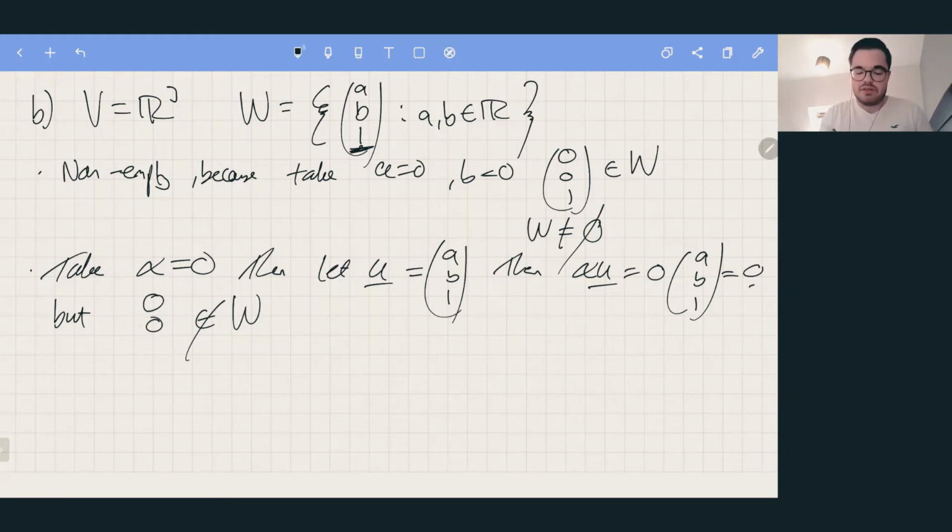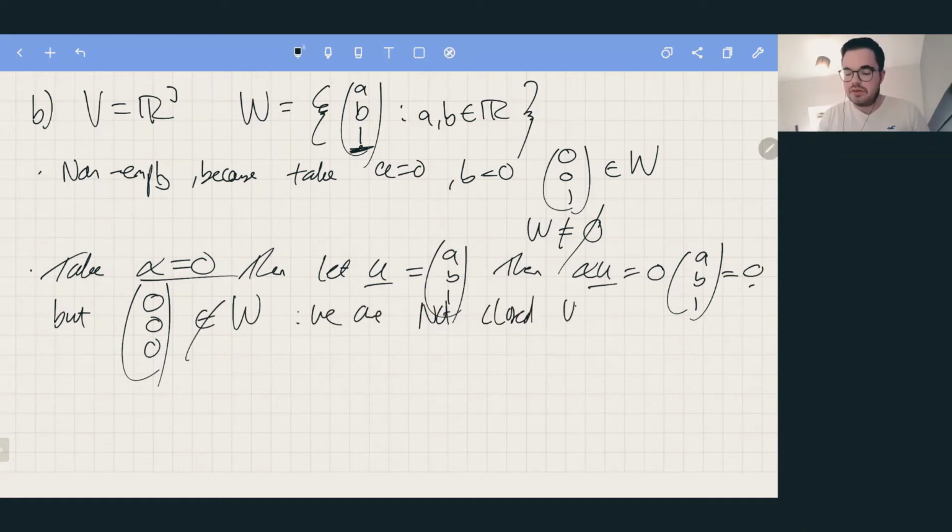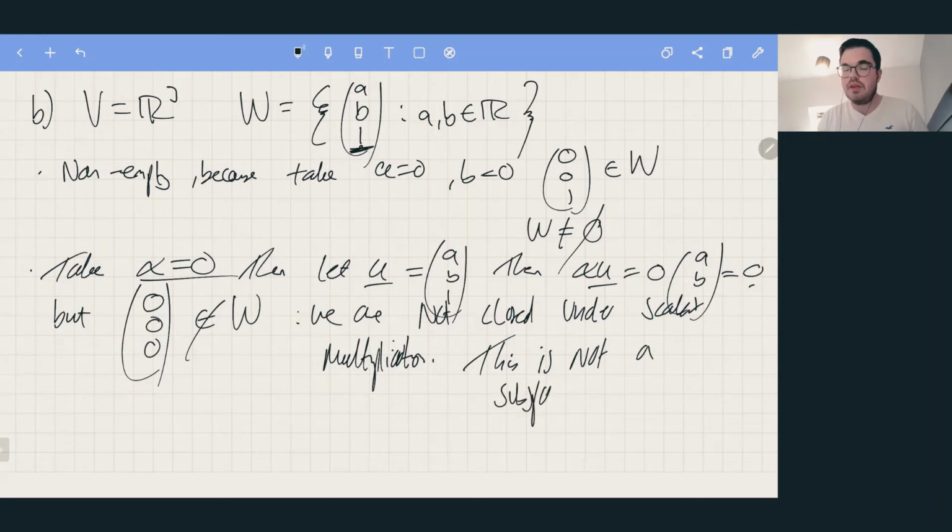So because the zero vector is not in W, and 0 is a scalar, we are not closed under scalar multiplication. So in that case, this is not a subspace of V, because we've failed under closure of scalar multiplication.